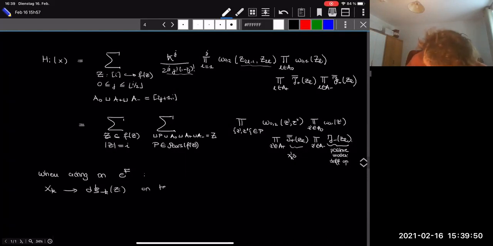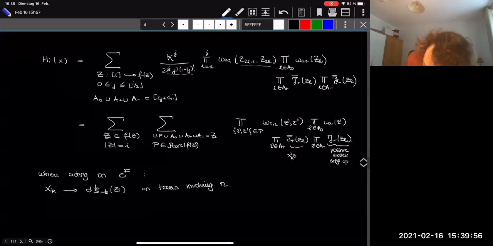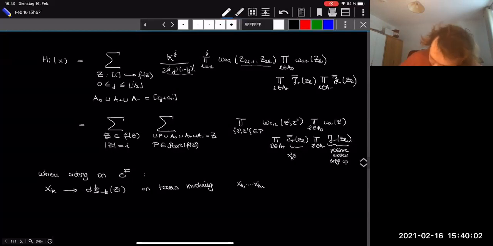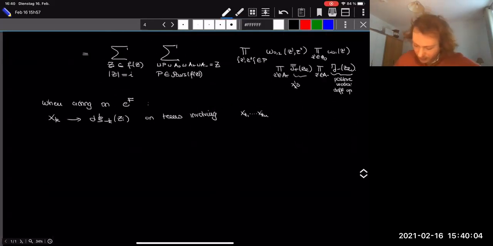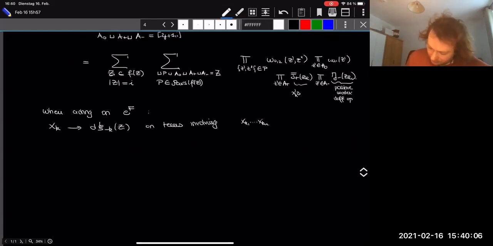So that's on the terms involving n monomials of this thing. And this gives some rather complicated thing. You have to collect all the pairs of h bar and so on. But let's just do r equal 2 so that you get a feel of what it is.